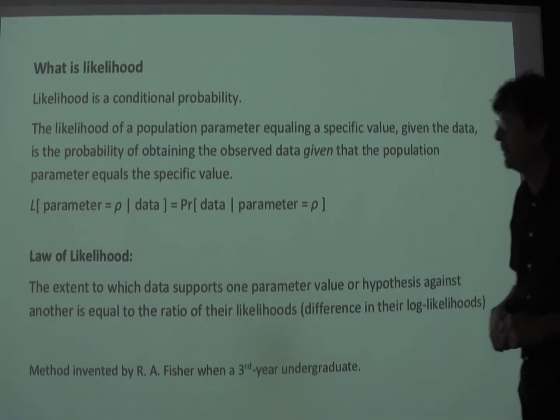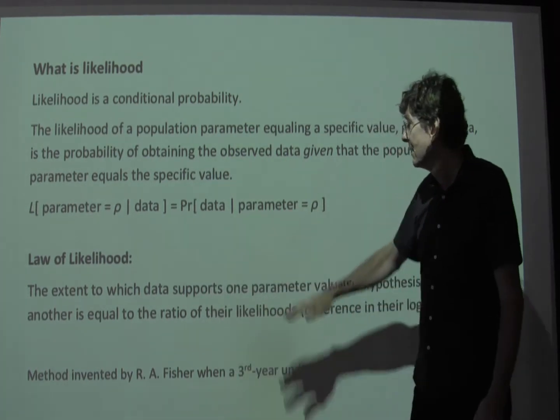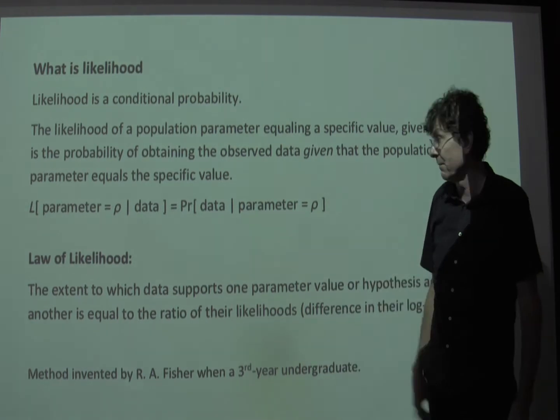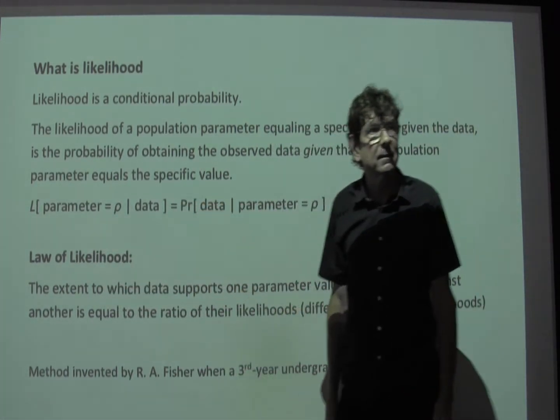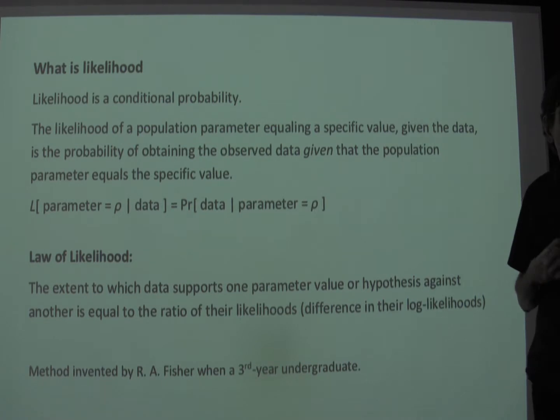So we take the probability statement: what's the probability of getting the observed data given that the parameter of interest is p or rho or whatever specified value of interest? Invert that and you have the likelihood. Okay, probability of the data given the parameter is the likelihood of the parameter given the data.